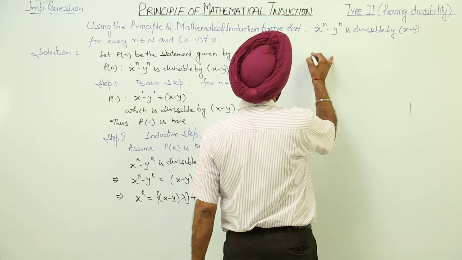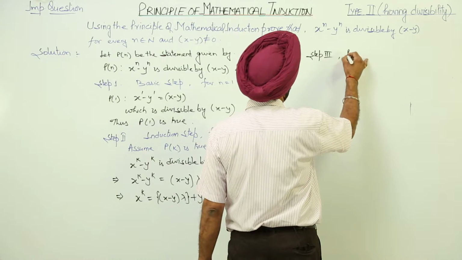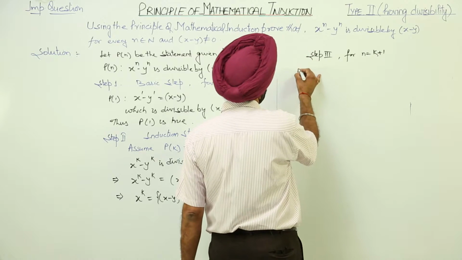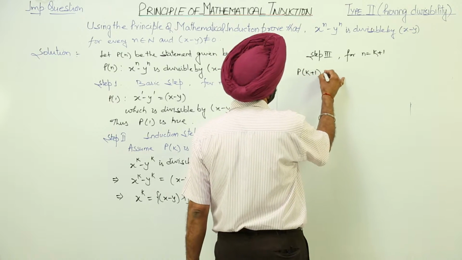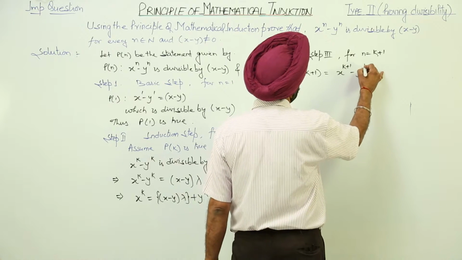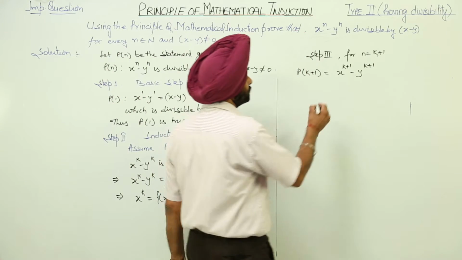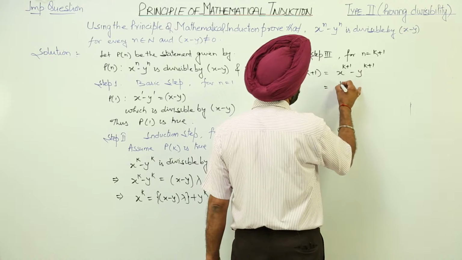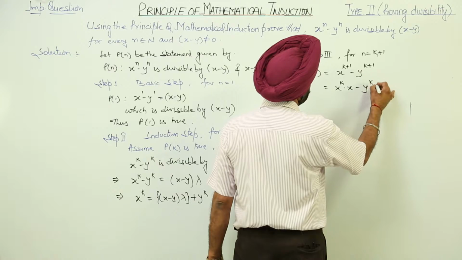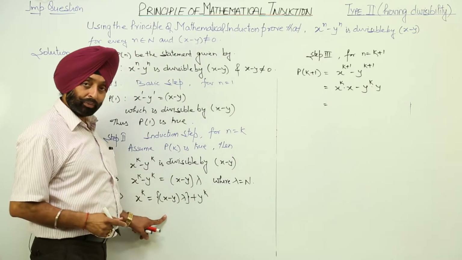Now step 3, for n is equal to k plus 1. Now Pk plus 1 is equal to x raised to power k plus 1 minus y raised to power k plus 1. Now splitting the powers, x raised to power k with x minus y raised to power k with y. Now x raised to power k we are taking from step 2.